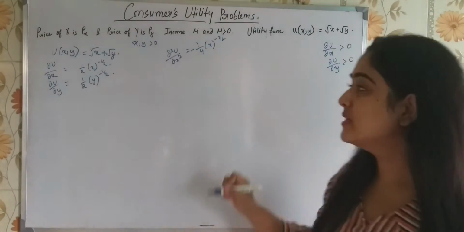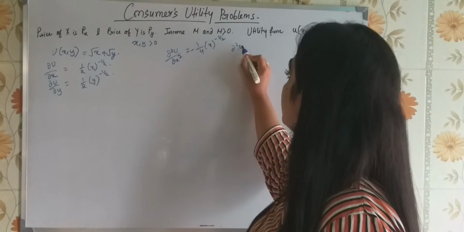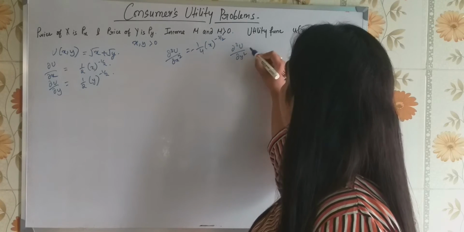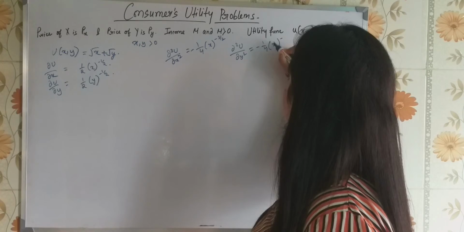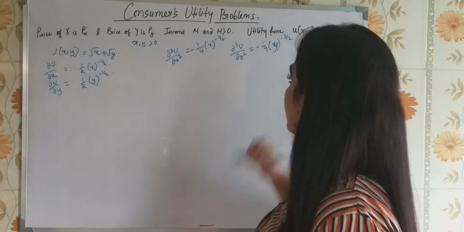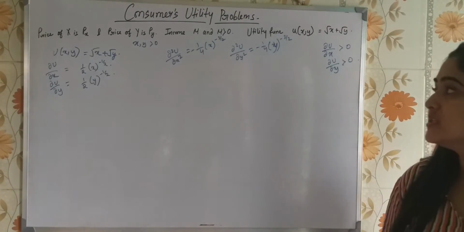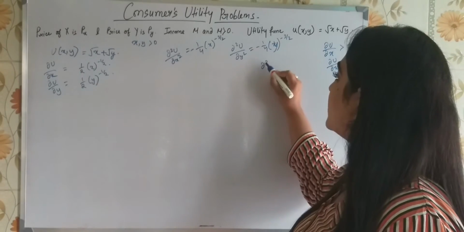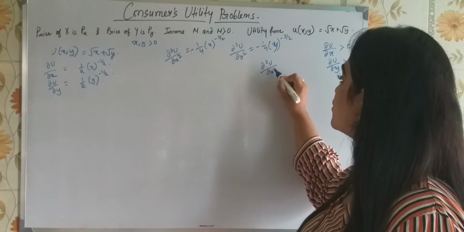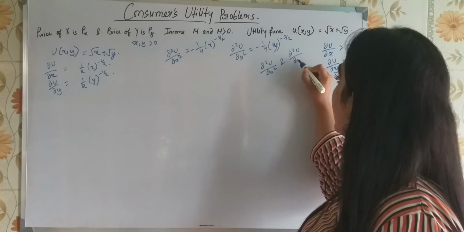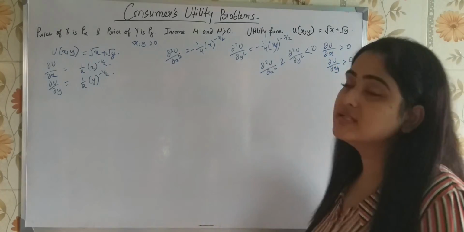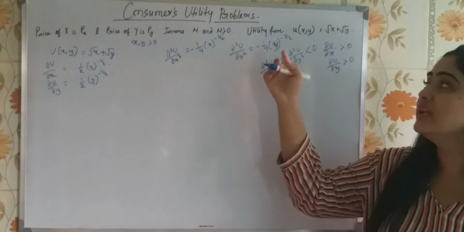And similarly, for del 2u by del y2, it is minus 1 by 4 y to the power minus 3 by 2. So now you can easily understand that both del 2u by del x2 and del 2u by del y2 are less than 0, because both are coming in the negative form.